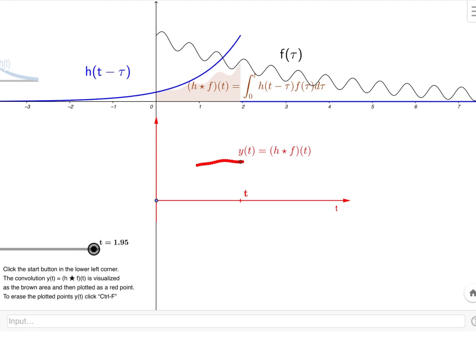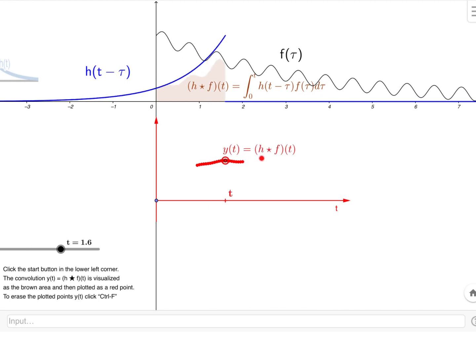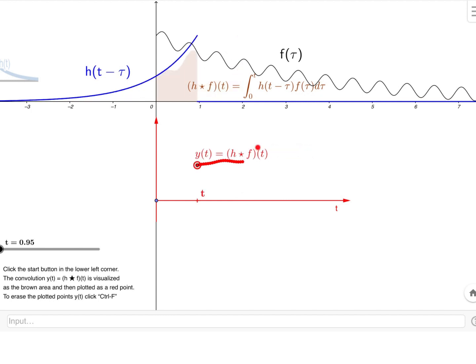So that series is called the convolution function. This is the result of the convolution of two functions: the original time series that stores stock prices, and the weight function.